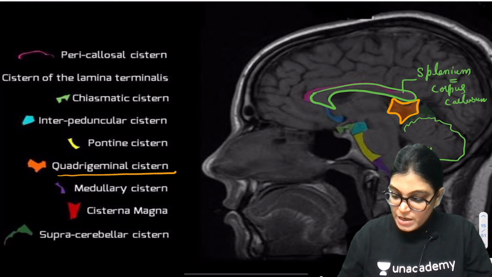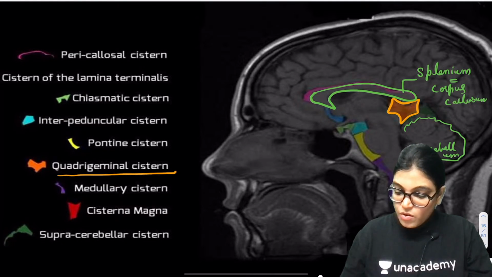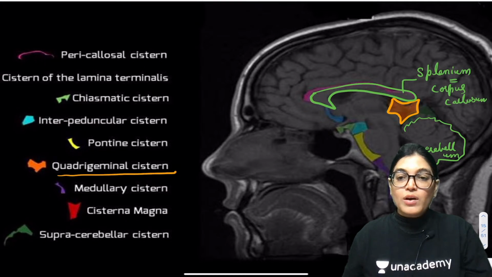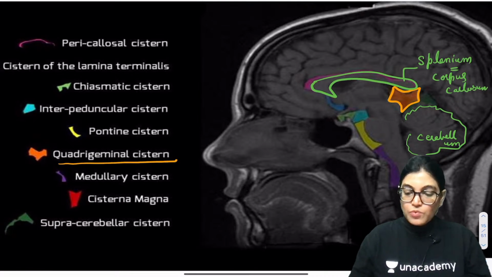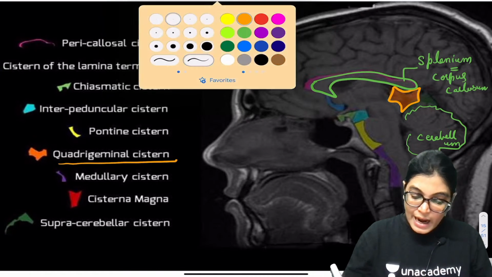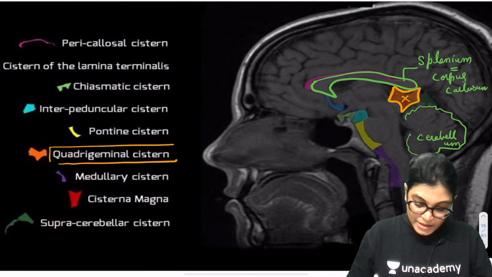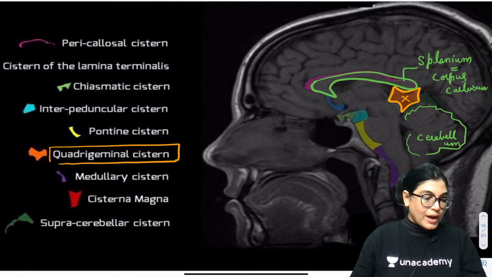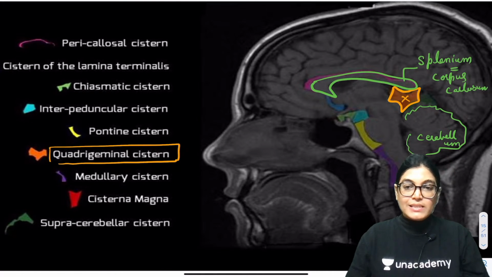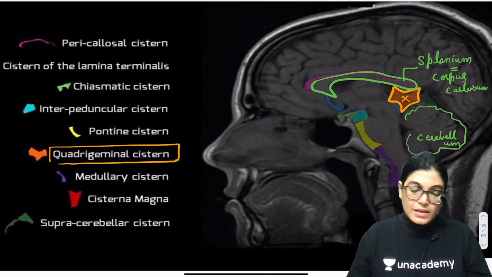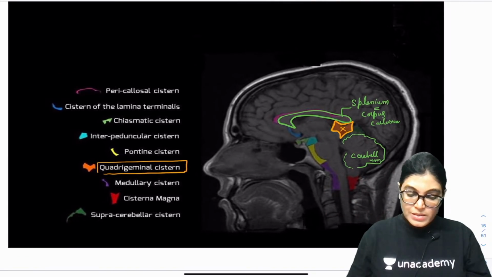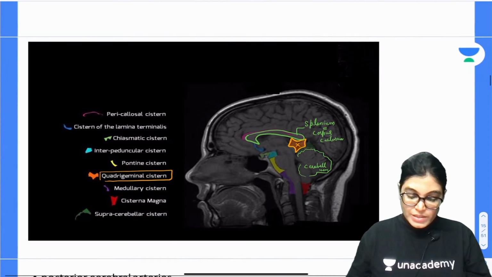So exactly between the splenium of the corpus callosum and the cerebellum is the location of the quadrigeminal cistern. Is it clear to everyone, my dear aspirants? This is the location we have just discussed.